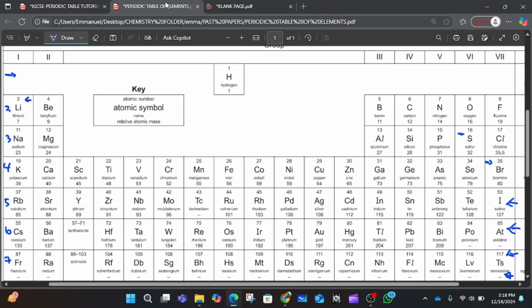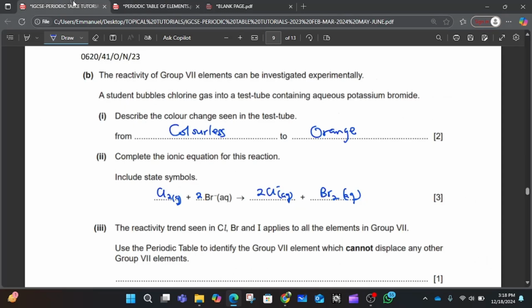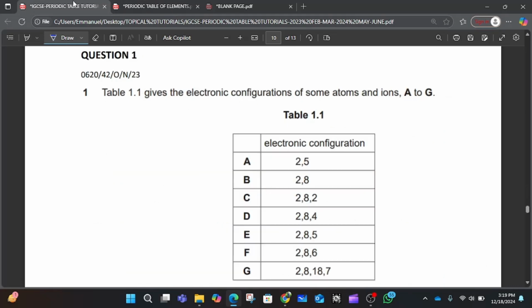So it is the least reactive of all the halogens. So there is no way tennessine can displace any halogen in a displacement reaction, because all of them are more reactive than tennessine.